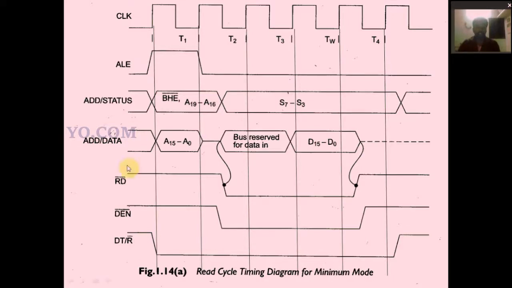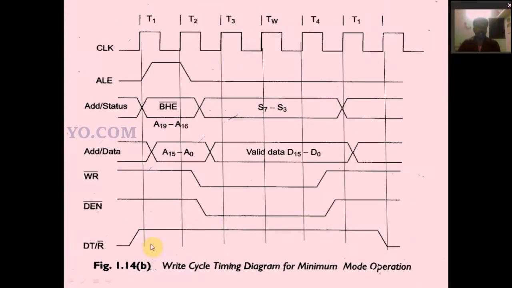The DT bar R bar has a bar over it, that means active low, so 0. But in write operation it is logic 1 or high, active high. So these are the two differences between the read cycle and write cycle. Remaining everything is the same. So don't panic because the diagram is very large like that. It is very simple to draw the read and write cycle.